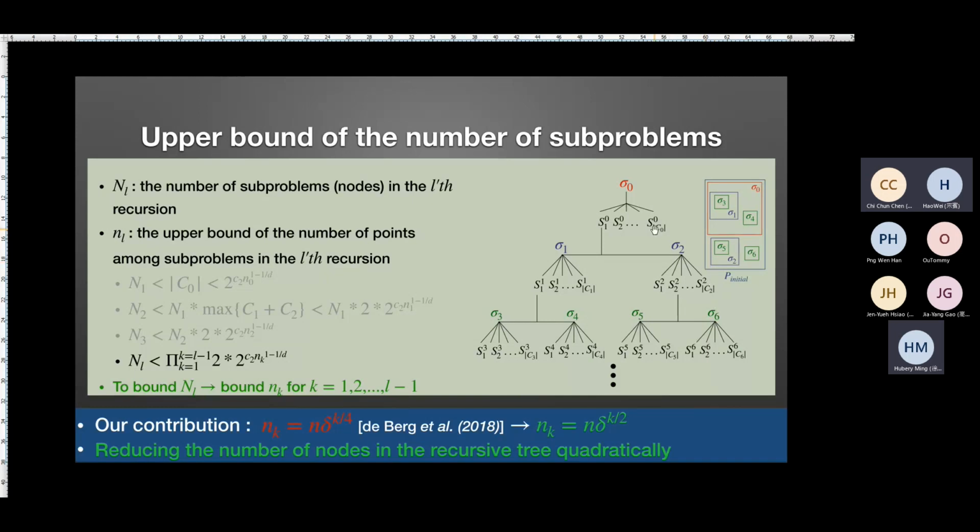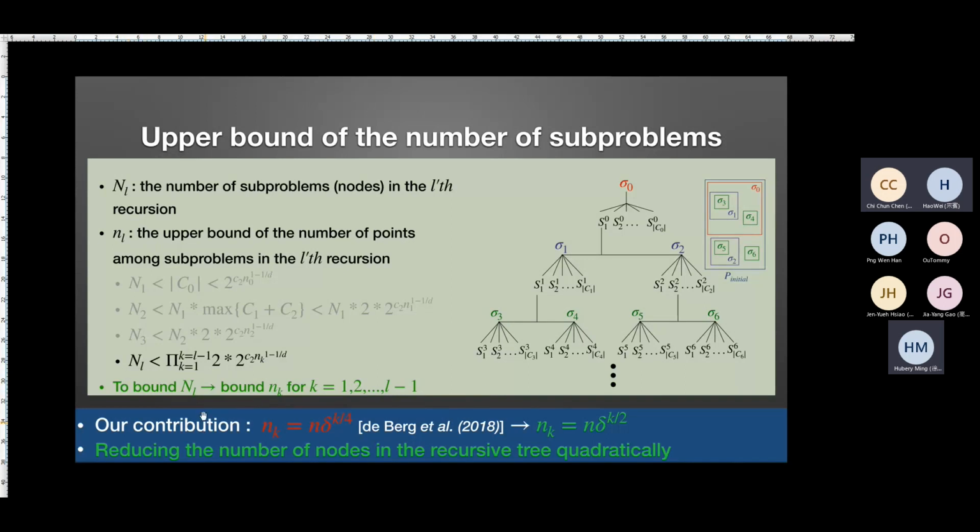That is to say, for the first recursion, there are a lot of subproblems, and we use N_1 to upper bound the number of points among all of these subproblems. So once we could upper bound this number for all k smaller than L, then we could upper bound N_L.